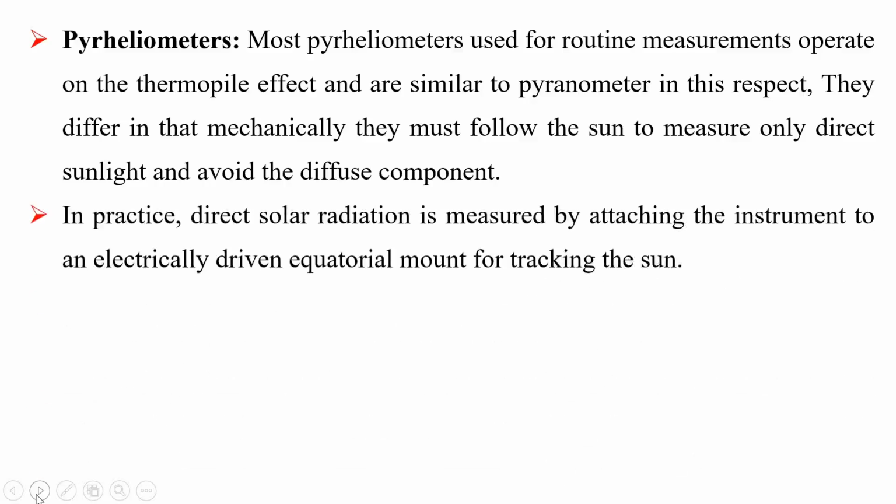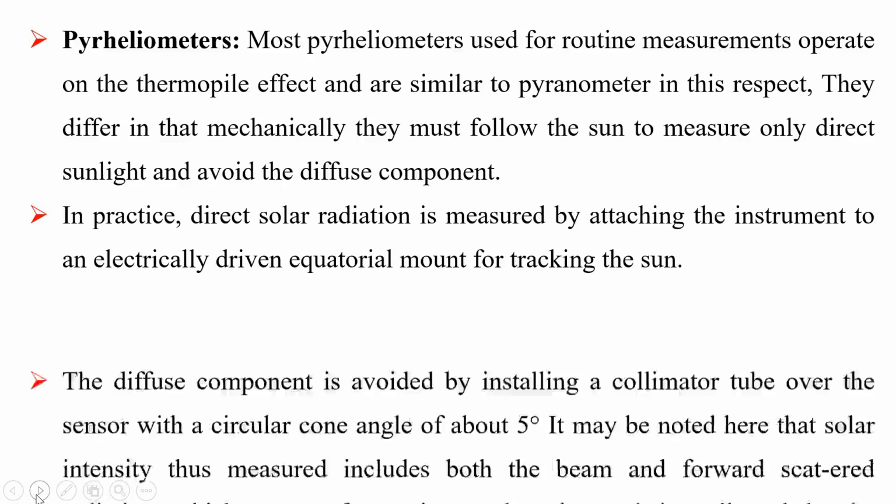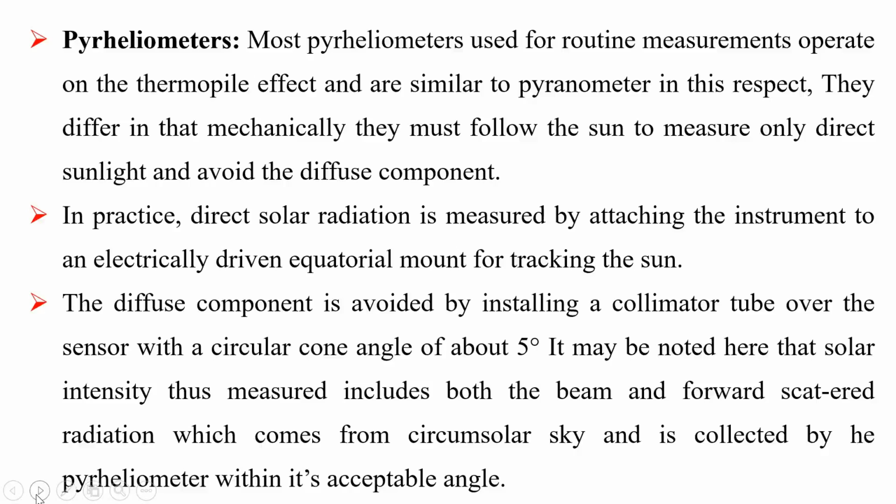In practice, direct solar radiation is measured by attaching the instrument to an electrically driven equatorial mount for tracking the sun. The diffuse component is avoided by installing a collimator tube over the sensor with a circular cone angle of about 5 degrees.